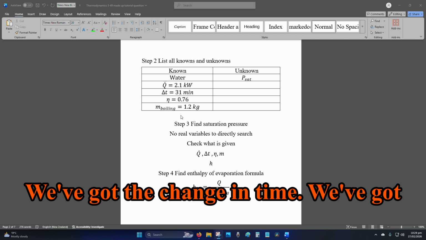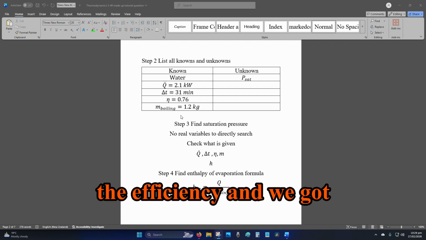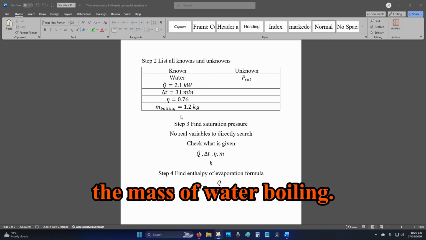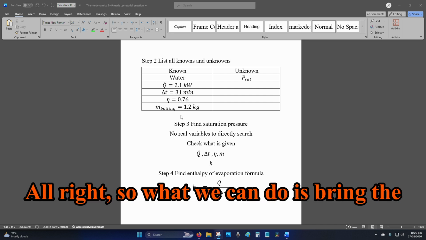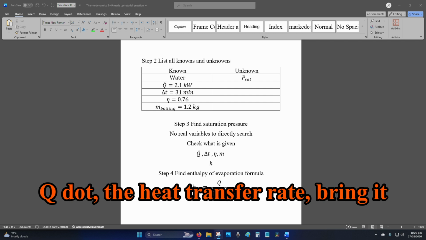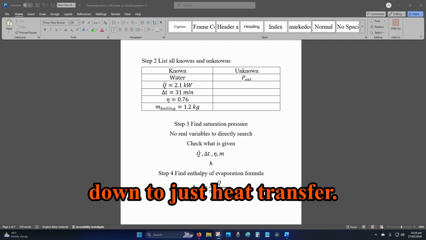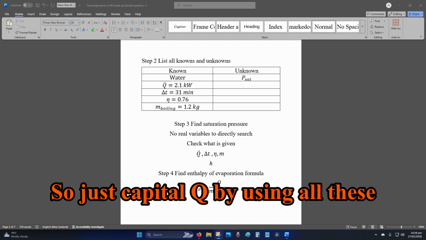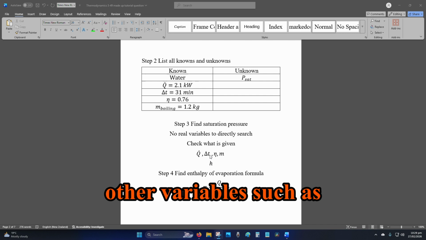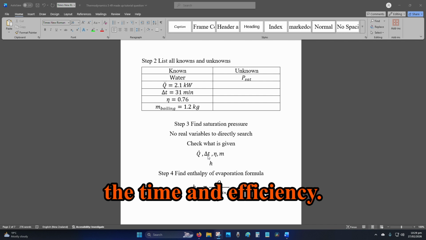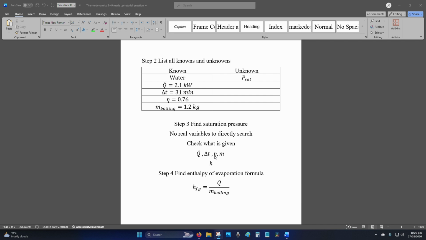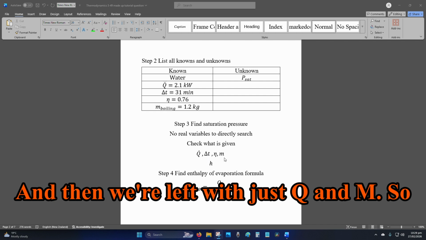We've got the change in time. We've got the efficiency, and we've got the mass of water boiling. Alright, so what we can do is bring the Q dot, the heat transfer rate, down to just heat transfer, so just capital Q, by using all these other variables such as the time and efficiency, and then we're left with just Q and m.